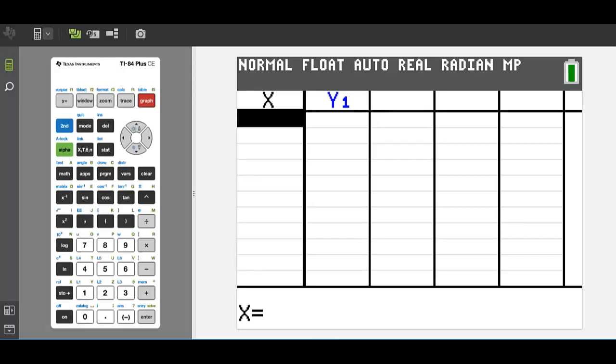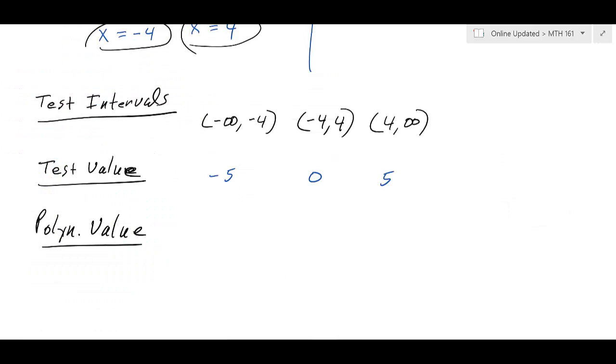So if I enter those into the calculator, negative 5, zero, and a positive 5, we're getting out 9, negative 16, and 9.